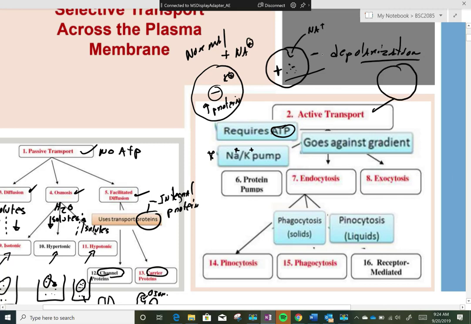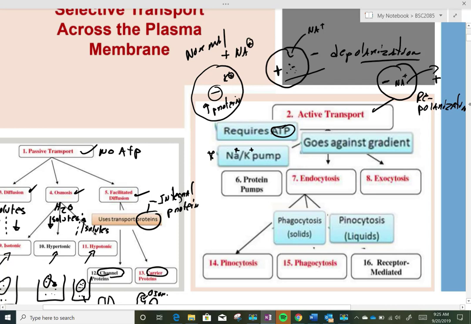If sodium is inside, what is going to happen now to the sodium? Sodium needs to be pumped back outside, so the overall charge outside will be positive, and the inside will be negative. So this part right here, going back from depolarization, we call repolarization. Everybody get it? Because you're going back.